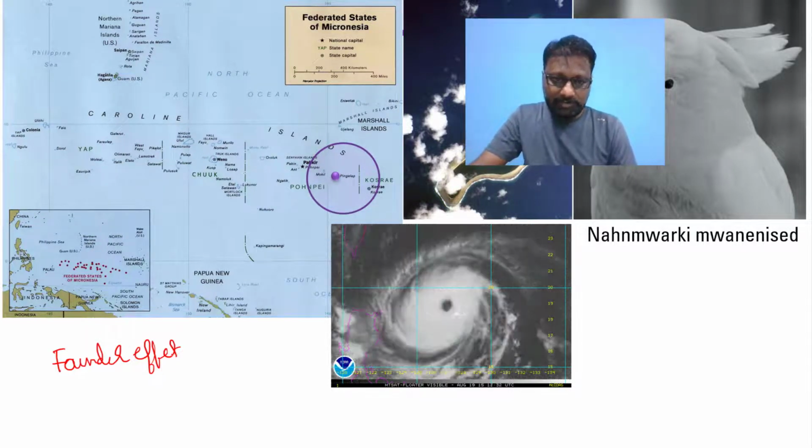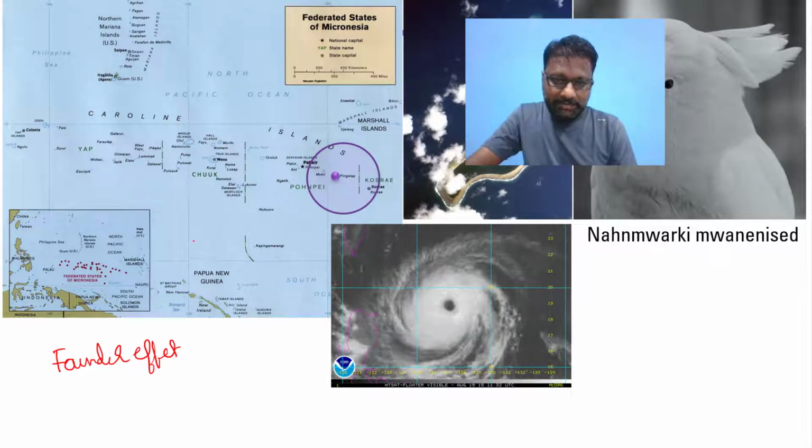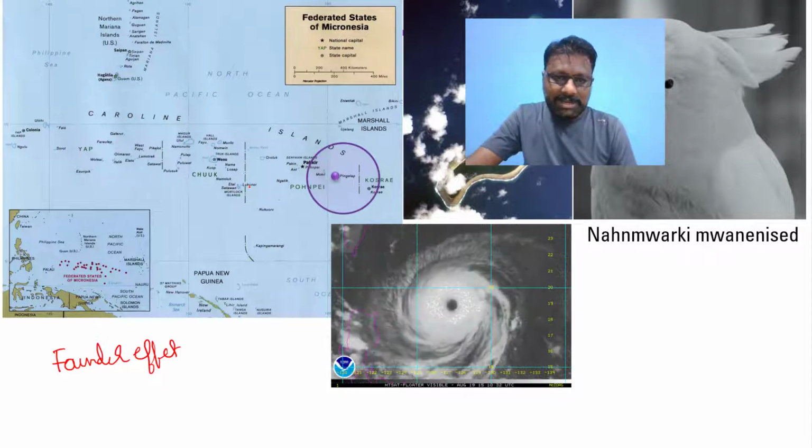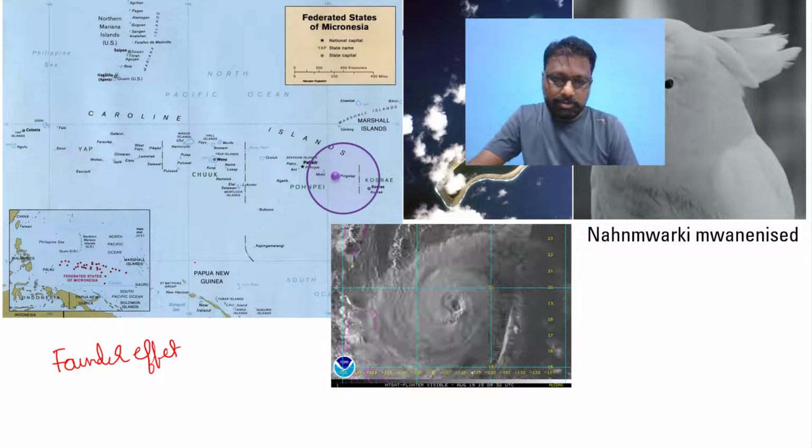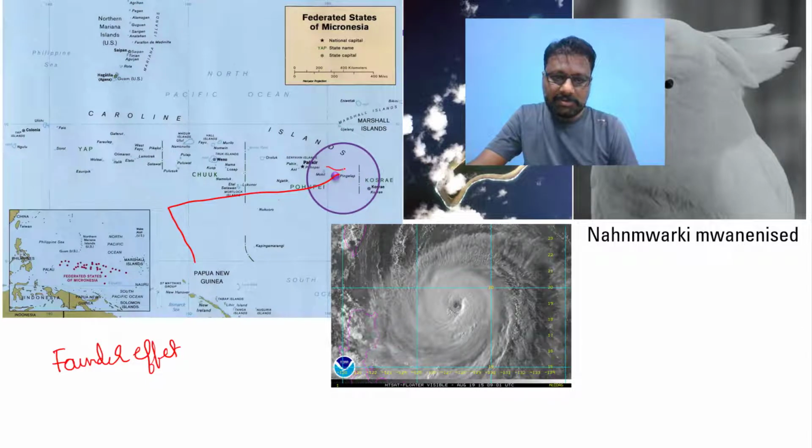As an example, there is an island called Pingelap.